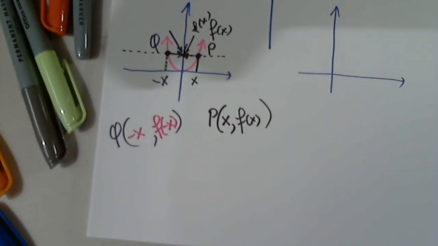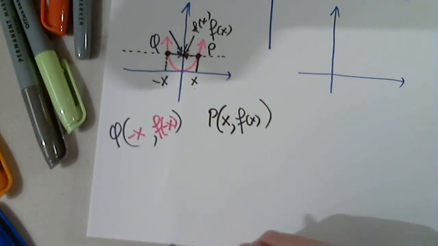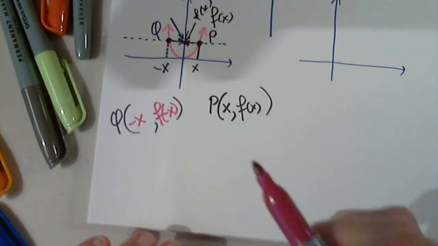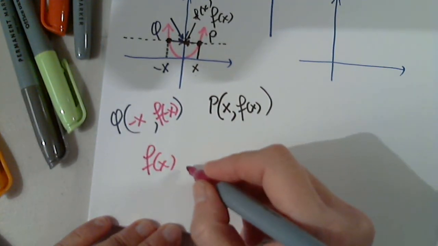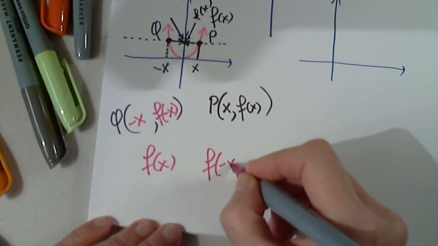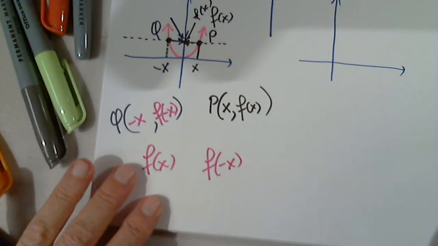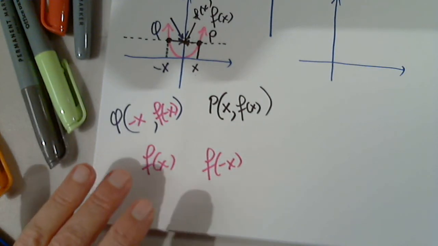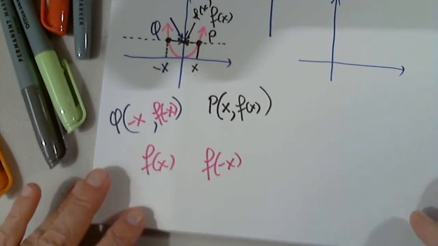Be very careful. This is not negative f of x, but it's the function value for this value. Perfect. Now I would like you to give me a relationship between f of x and f of negative x. Look at the graph and tell me, what do you think is the relationship between these two? They're the opposite. Let's see.